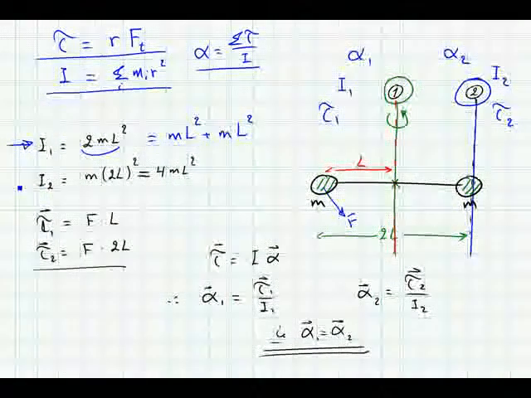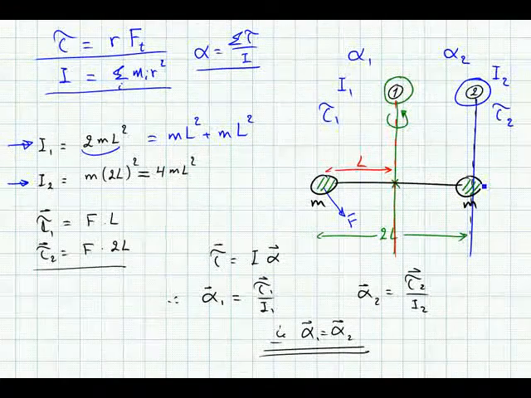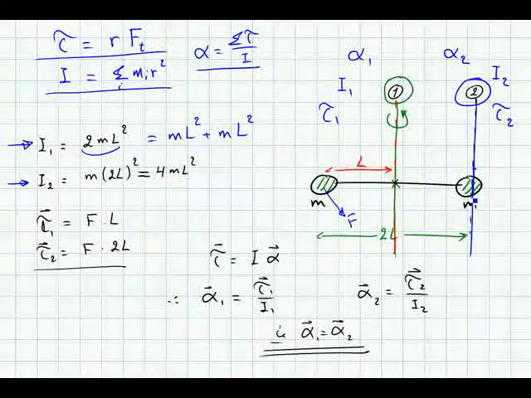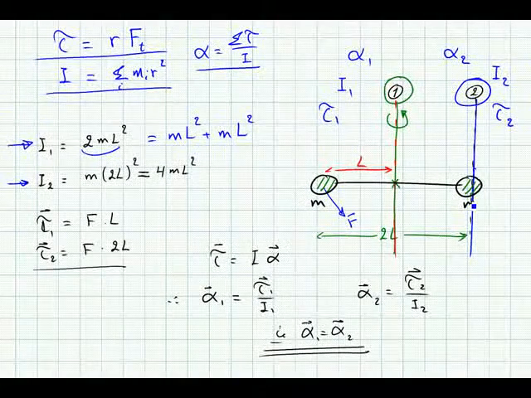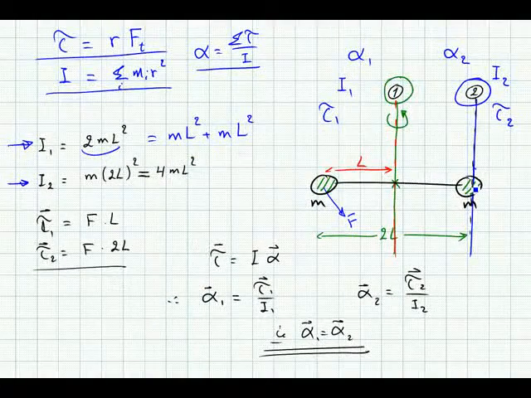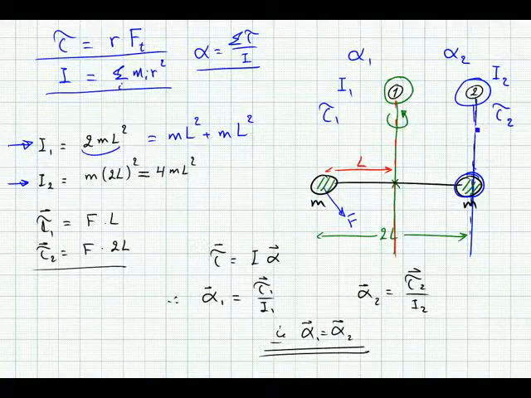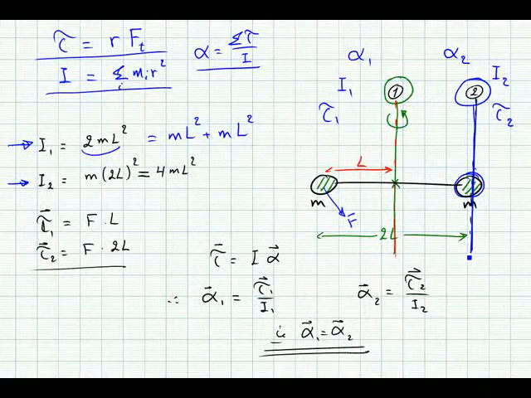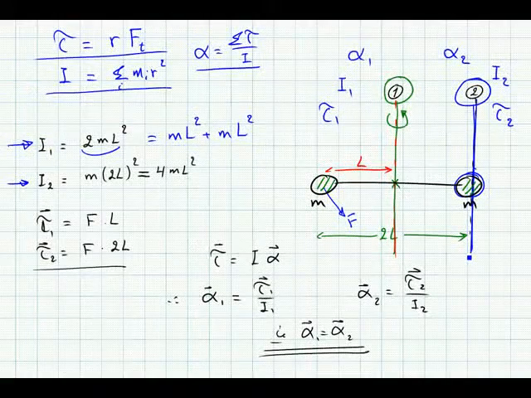Now the moment of inertia in scenario 2. The moment of inertia of the mass on the right hand side is 0, because the perpendicular distance of this mass to this rotation axis is 0.